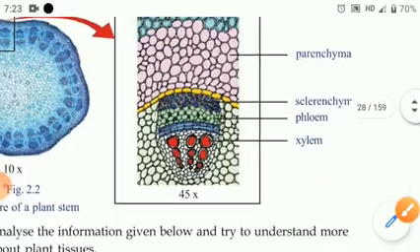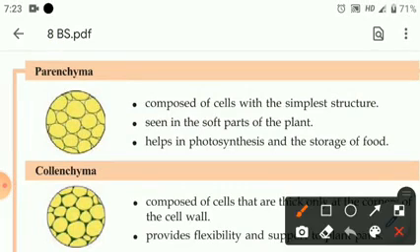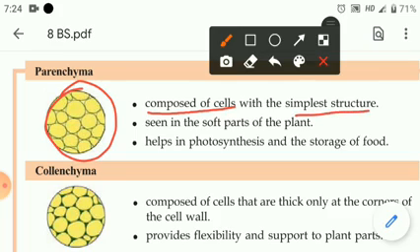Then the first one is parenchyma. It is a type of plant tissue. Look at the diagram. This is parenchyma, which is composed of many cells with the simplest structure, seen in the soft parts of the plant.